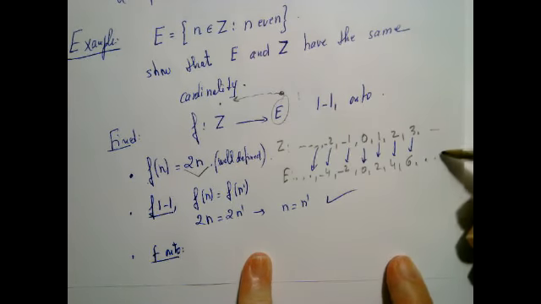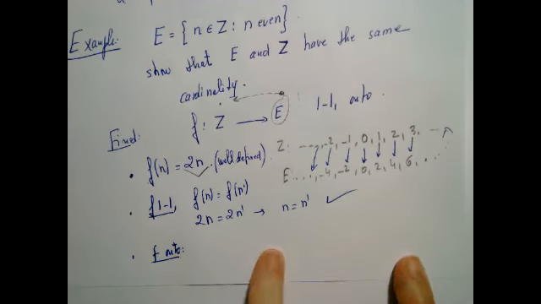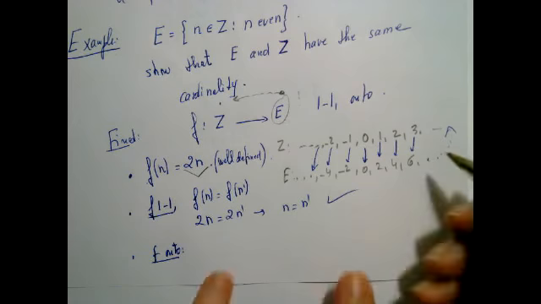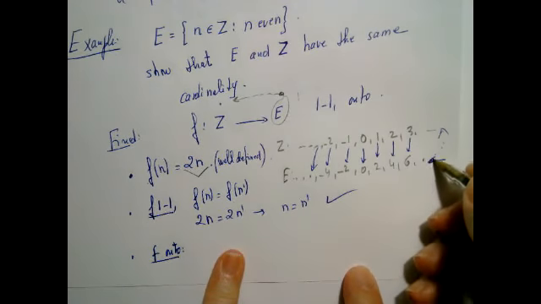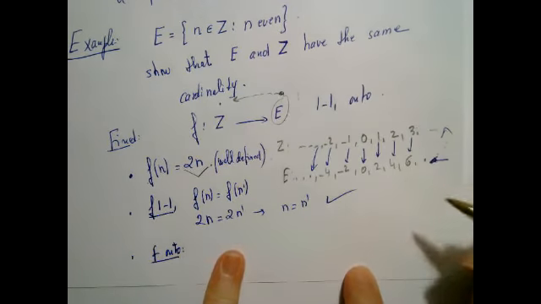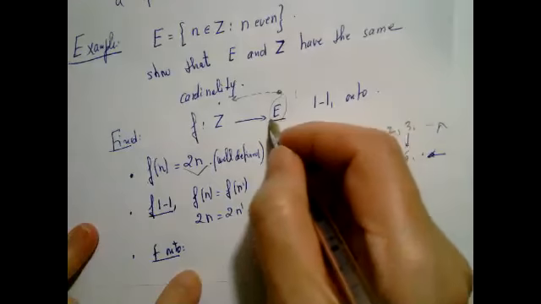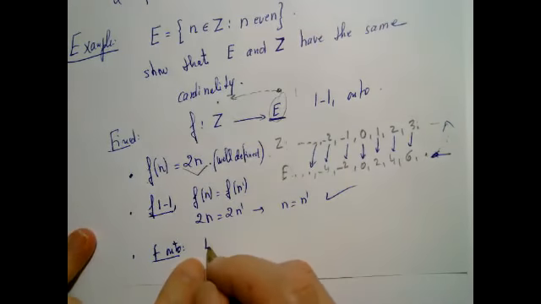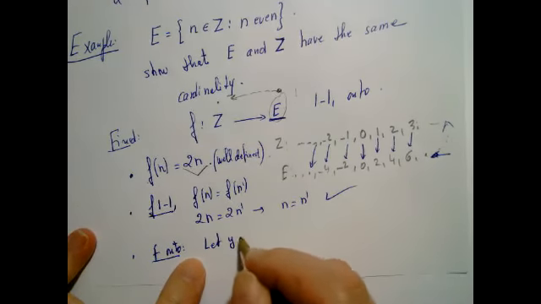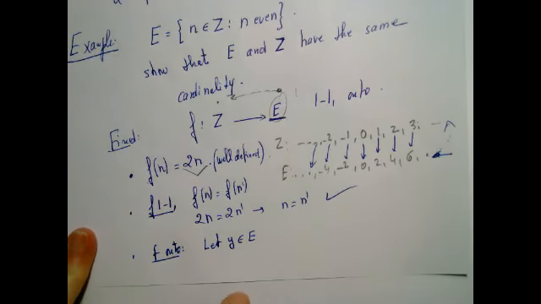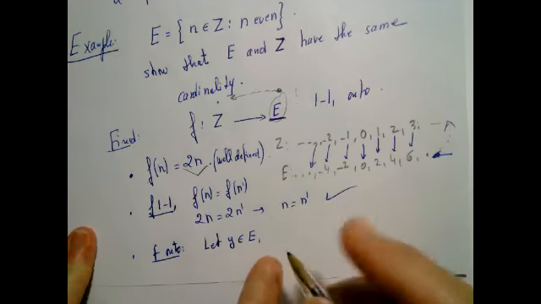And now my question is, can you reverse it? What's going to be the reverse formula? If I take anything in here, is it coming from somewhere? You just have m over 2. Okay, so we're going to start with an element y in E. What does it mean? What is E, the even numbers?